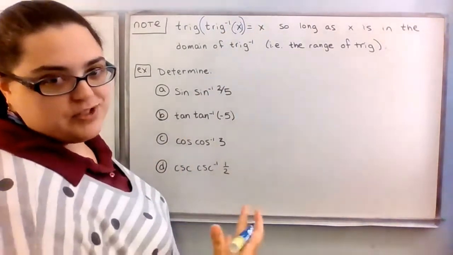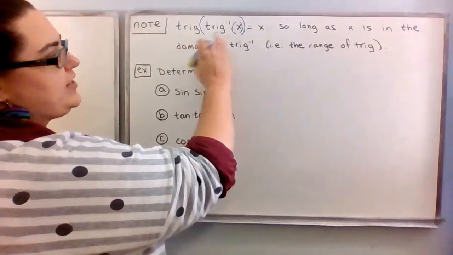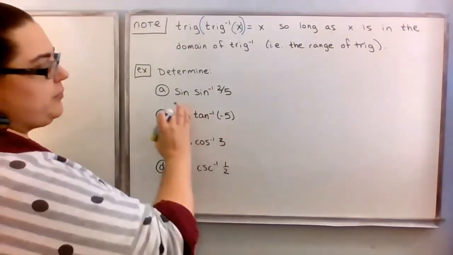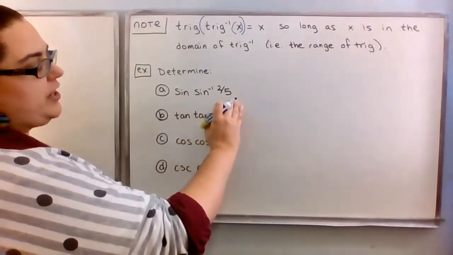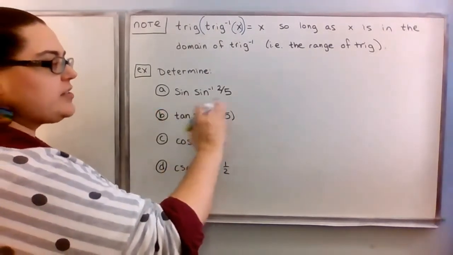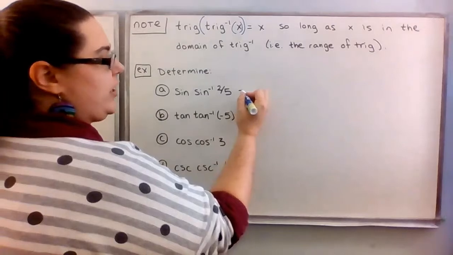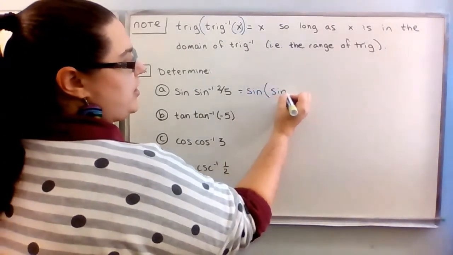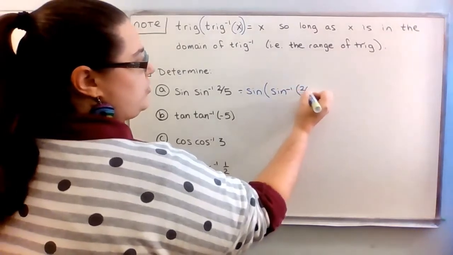You can think of it as having those parentheses there. For instance, in this first example, we have sine of inverse sine of 2/5.